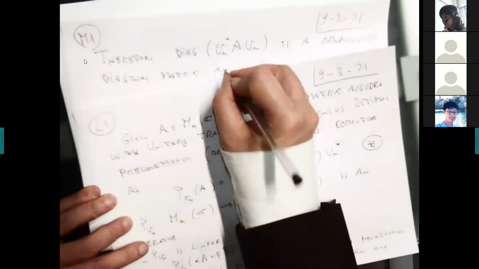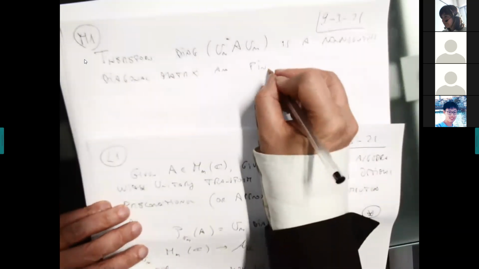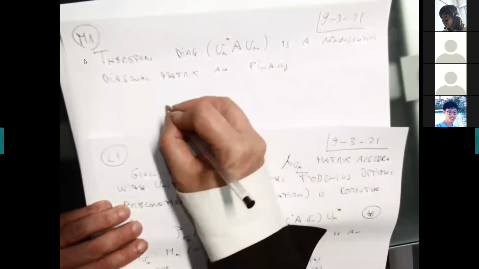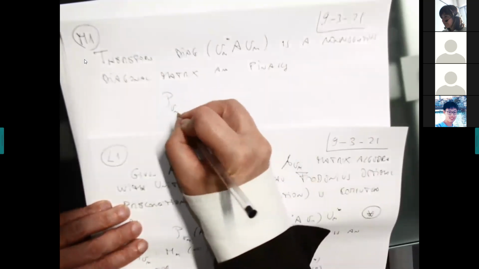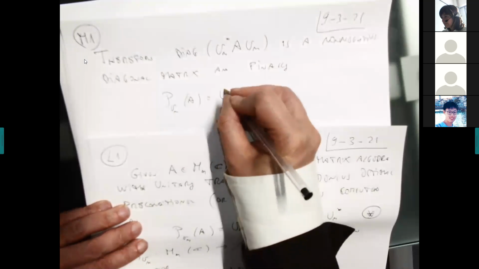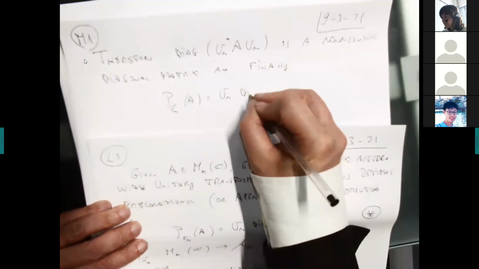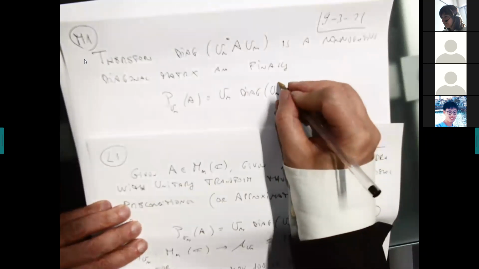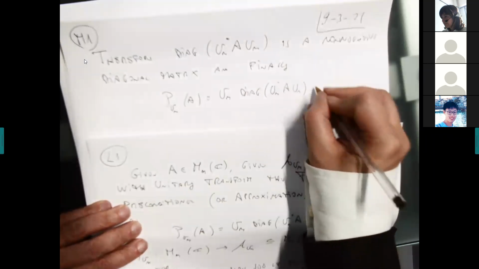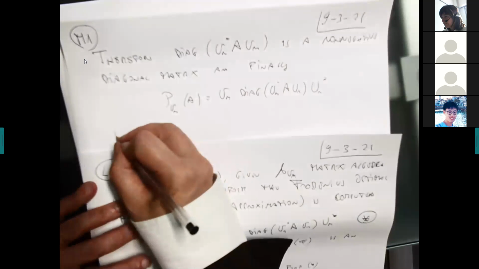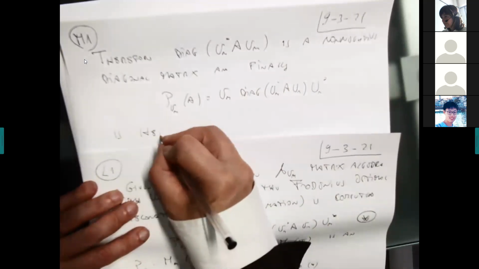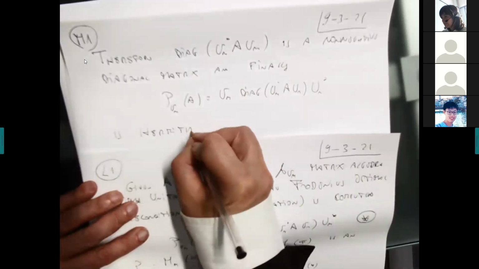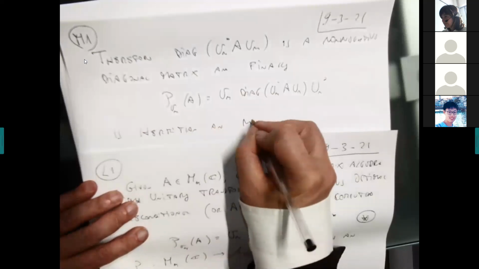And finally, P_UN of A, which is UN times this diagonal, which is non-negative, UN star, is Hermitian and non-negative definite.